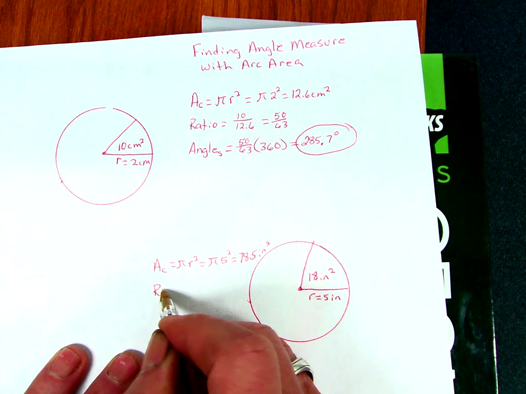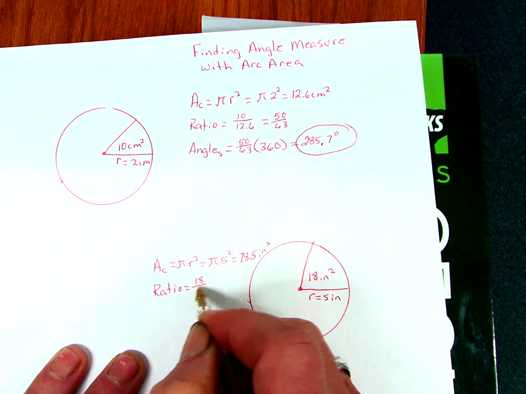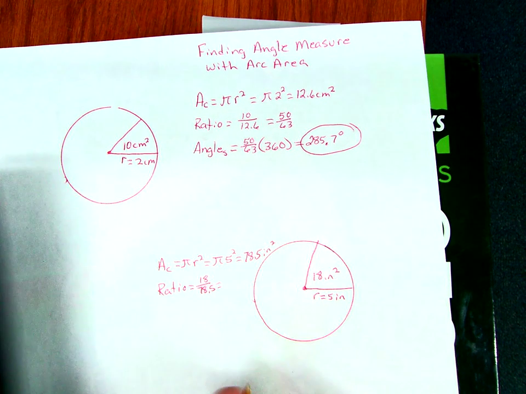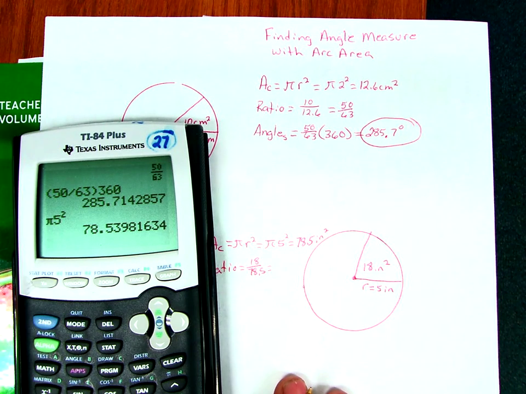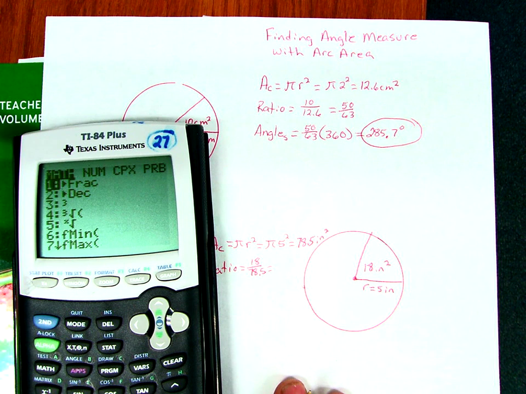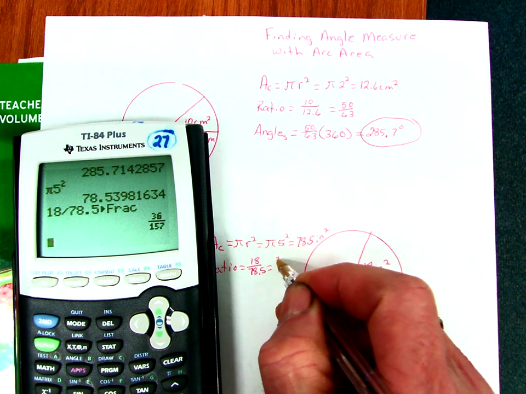So our ratio is going to be 18 over 78.5. So 18 divided by 78.5, math, enter, 36 over 157.